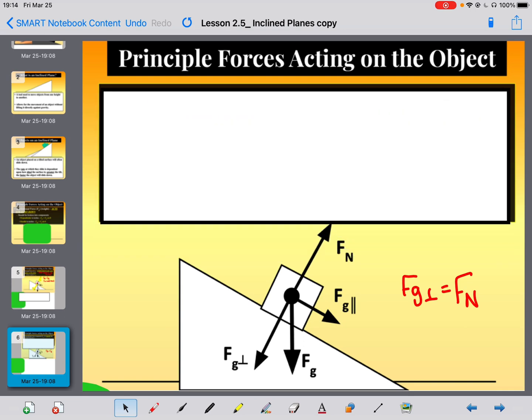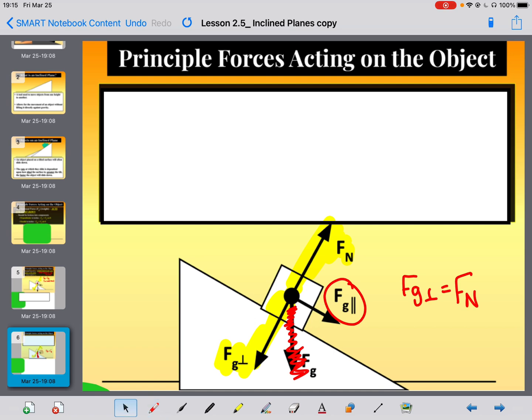Now we do have some other things going on. If you notice this diagram, you'll see that FN has a partner, which is FG perpendicular, and we kind of ignore FG itself because we know that FG got broken up into these two components, which we call the parallel and perpendicular components. However, notice that FG parallel does not have anything to balance it out.